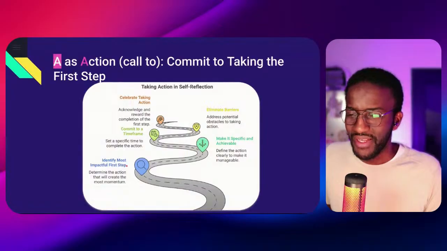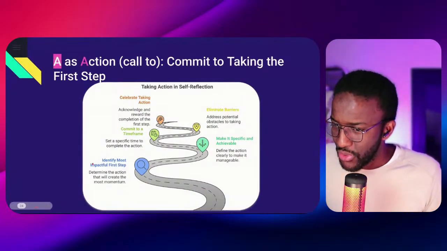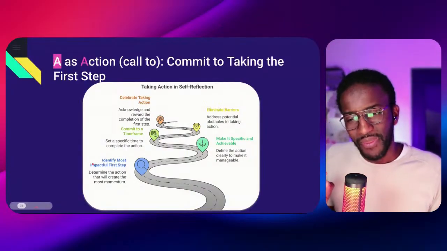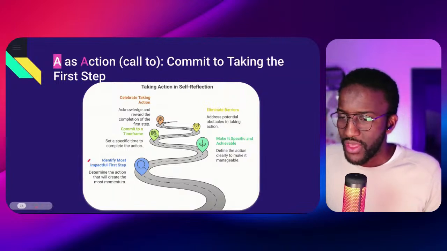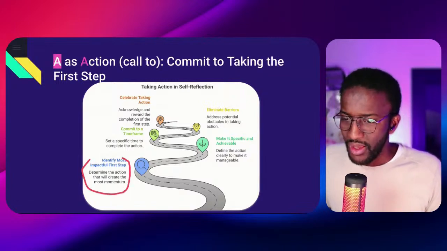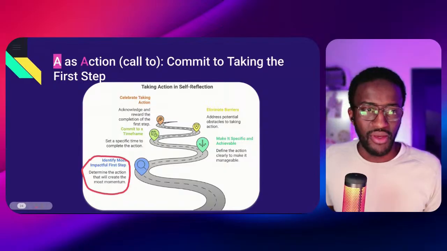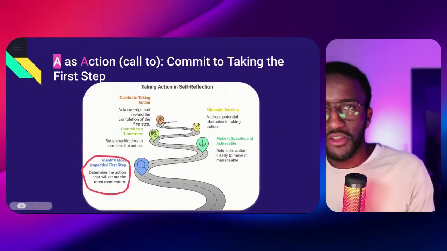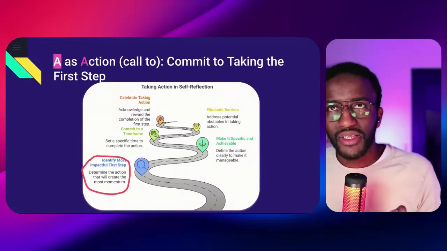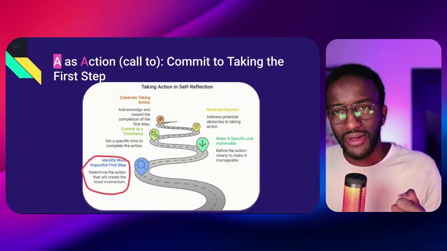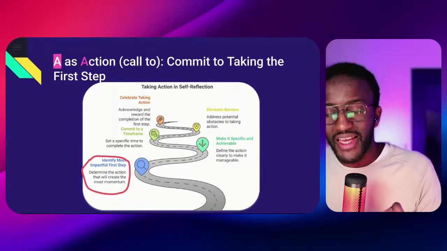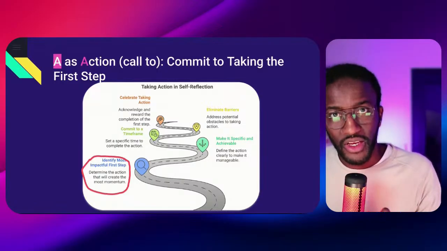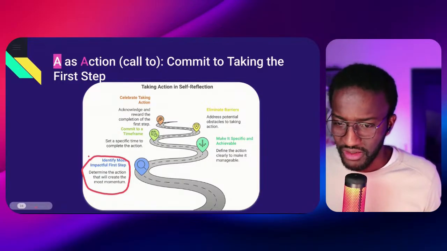And in self-reflection, how you can do that is to identify the most impactful first step. This is really important because action breeds momentum. So identifying the first step that you must act upon is the best call to action that you can do on your self-reflection journey.